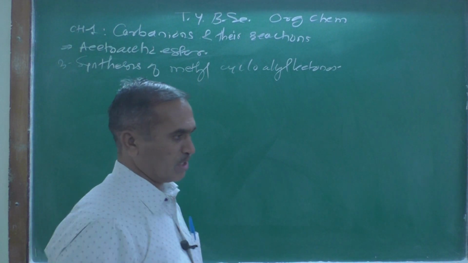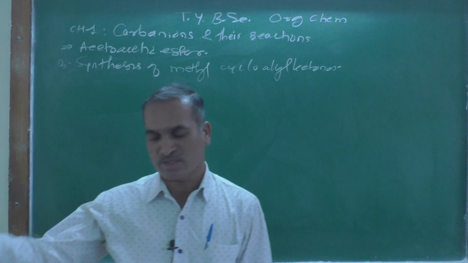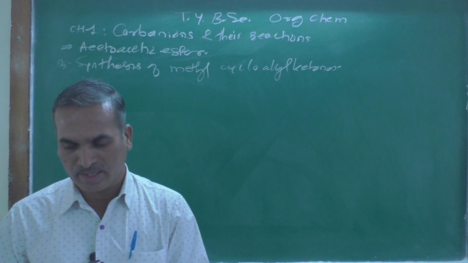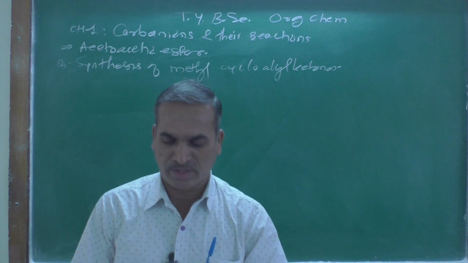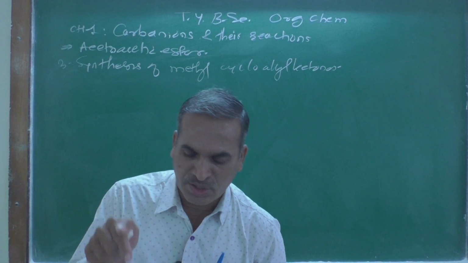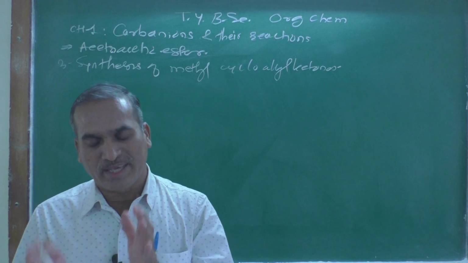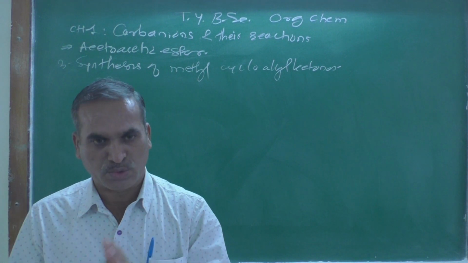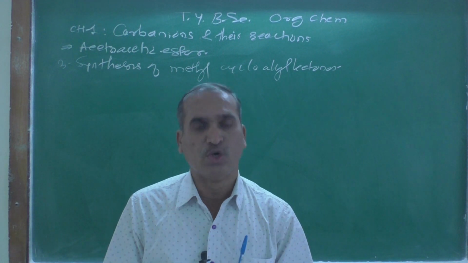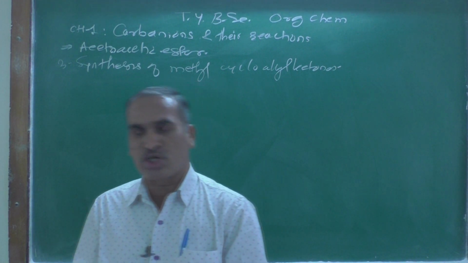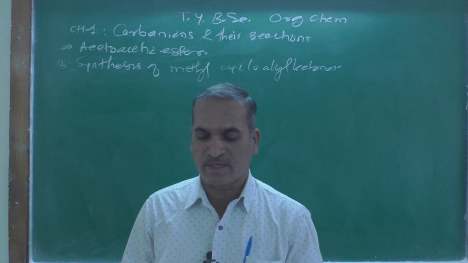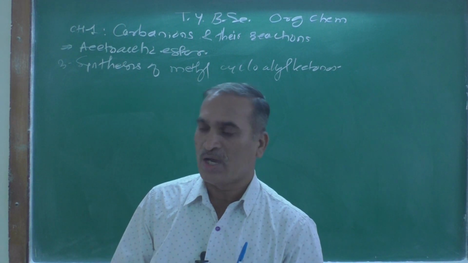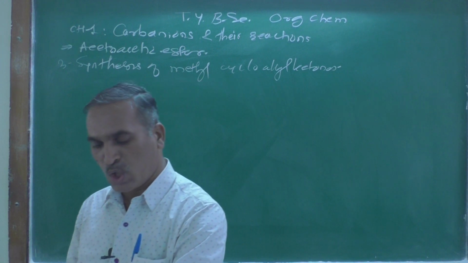As we know, the general formula of a ketone is R-C=O-R'. Now if we use a dihalide instead of a simple alkyl halide, we get methyl cycloalkyl ketones. Understood? If we use dialkylation instead of an alkyl halide, we get methyl cycloalkane ketones.